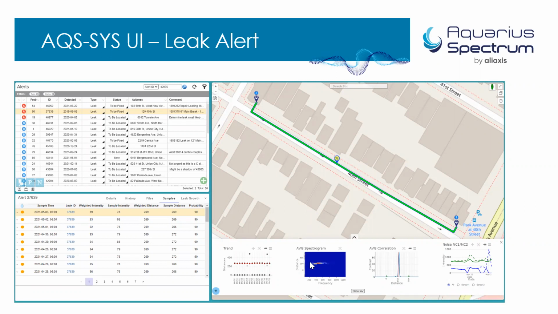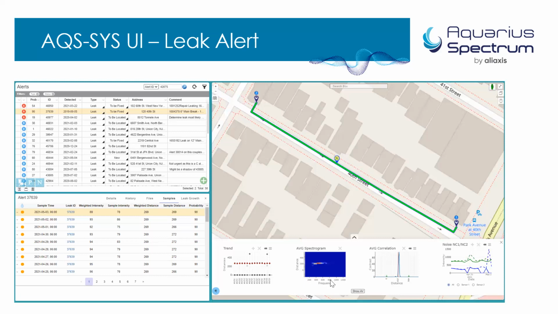The second tool will be the spectrogram. So it basically analyzes all the frequencies that are heard by the sensor traveling along the pipes, and correlations between the two sensors will be done in small stretches of frequencies, increments of 50 hertz.